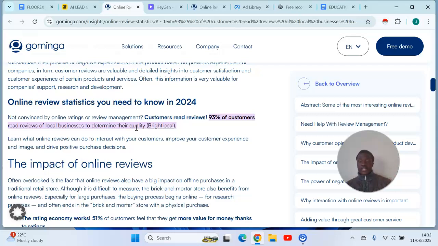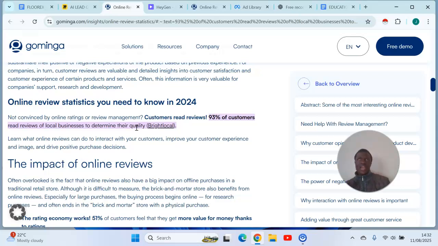Look at that. 93%, not even 50, not even 20%, 93%, 7% close to 100. What does that mean? If you have no reviews, there's no way anyone is going to trust you.